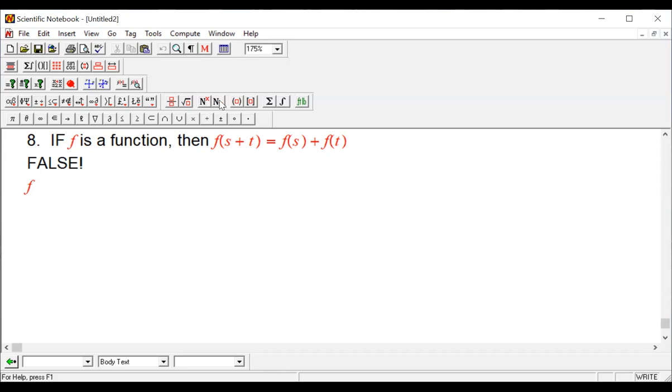So I'm going to take this function, which equals x squared, right? So what is f of s plus t? f of s plus t is s plus t, squared, right? What is f of s? f of s is s squared. f of t is t squared.